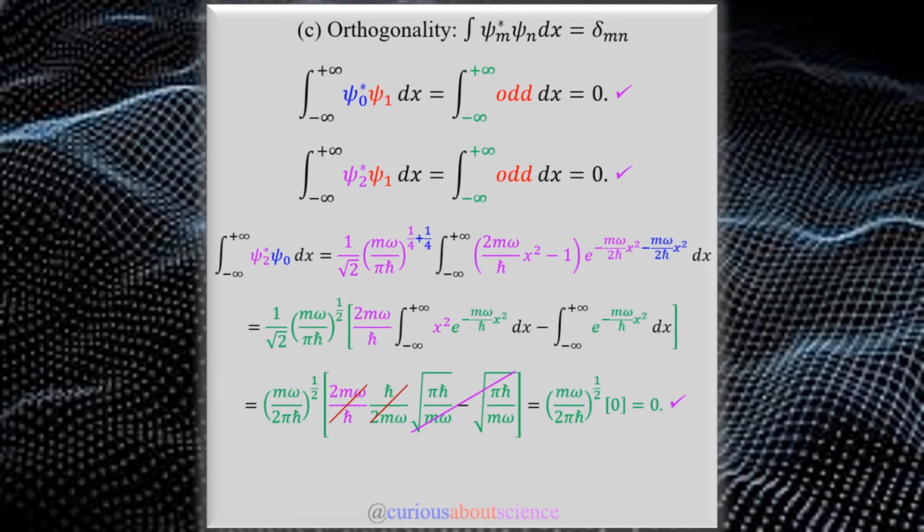What we're seeing here now is the orthogonality condition. Really, this is the orthonormality condition, which takes into account the normalization and the orthogonality due to the Kronecker delta, which is what we see here. This states that this integral is 1 when m equals n, and 0 for m not equal to n.